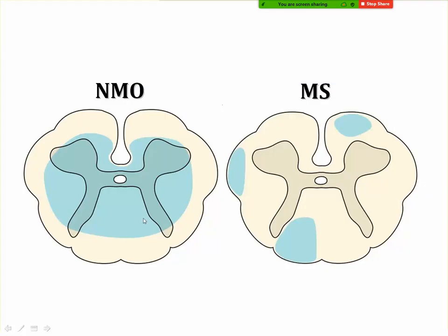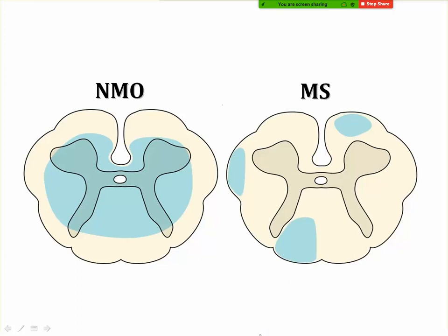The difference between neuromyelitis optica and MS is that the neuromyelitis optica patches are big, central and extensive, but the MS patches are small, peripheral, and widely distributed.